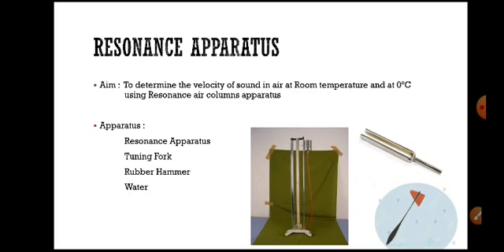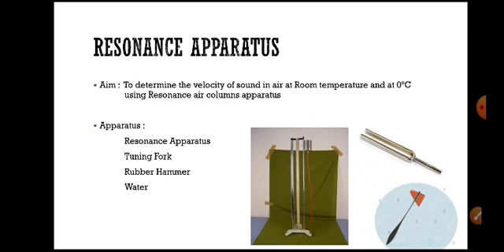So by using this resonance apparatus, we have to find out the sound velocity in air. The aim of this experiment is to determine the velocity of sound at room temperature and at 0°C temperature using the resonance air column apparatus.